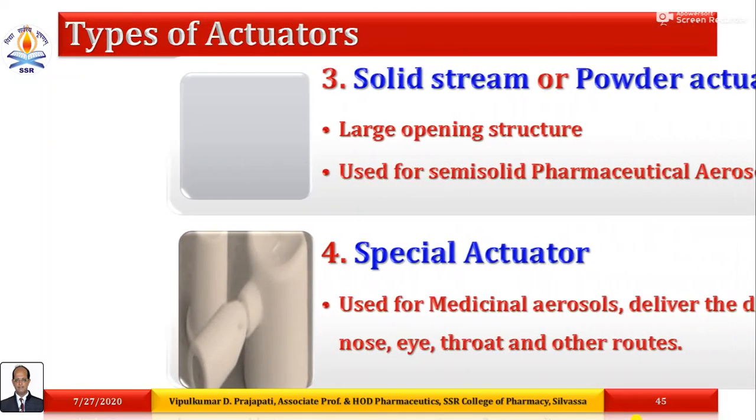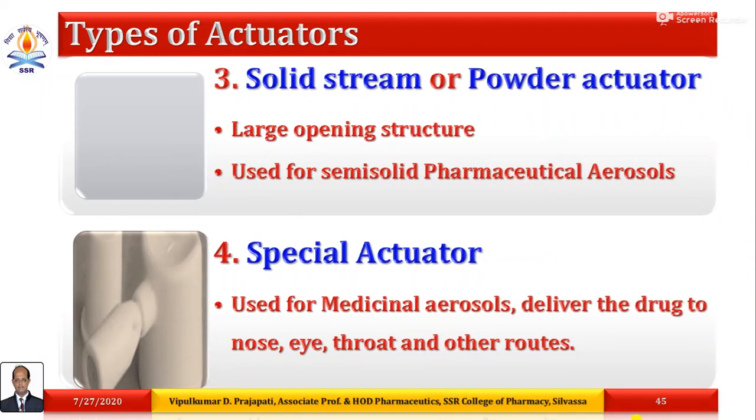The third type of actuator is the solid stream or powder actuator. They also have a large opening structure, like the foam type actuator. They are used for semi-solid pharmaceutical aerosols. So the orifice is larger than in foam type actuators.